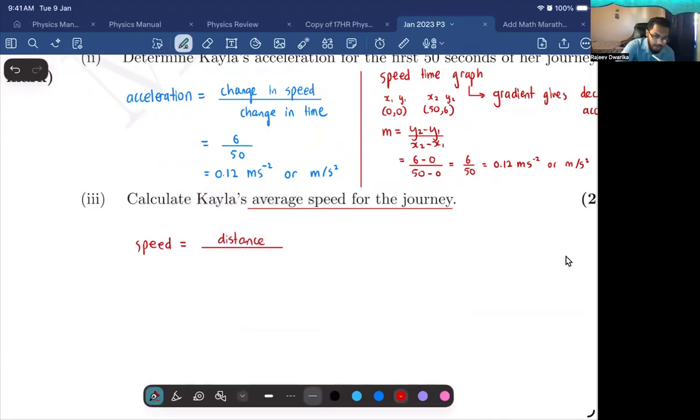The regular formula for speed is just distance over time. Now, if you want to figure out the average speed, that isn't just going to be any distance. That's going to be the total distance covered, divided by the total time taken.